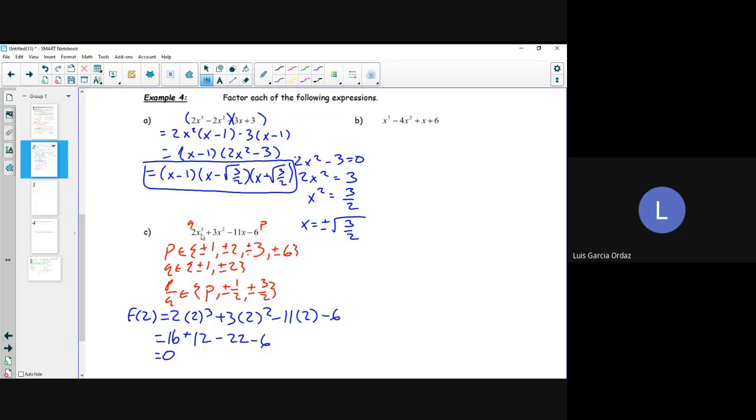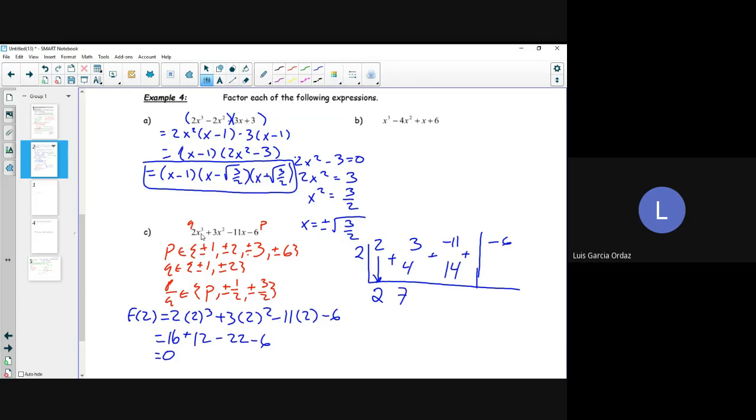So now what we have to do next is synthetic division, like we did in the second question. Right? So we get 2 times 2 gives us 4. Then we add those two numbers together. We get 3 plus 4, which gives us 7. 7 times 2 is 14.